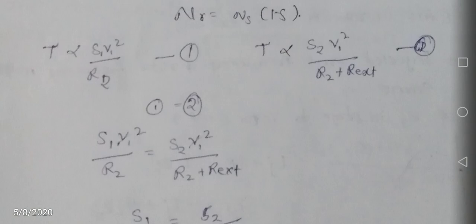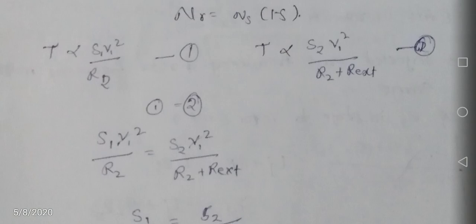Torque is constant because it is a below rated speed application. So it is a below rated speed control method. When it is a below rated speed control method, torque is constant in both conditions. Because torque is constant, equate equation number 1 and equation number 2. S1 V1 square by R2 equal to S2 V1 square by (R2 plus R external).